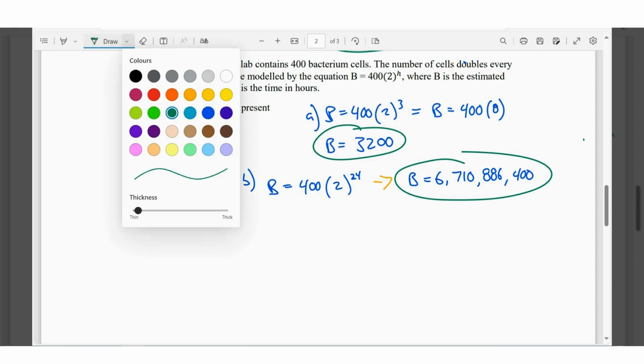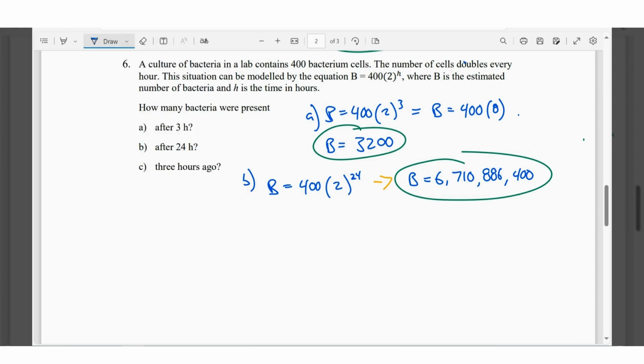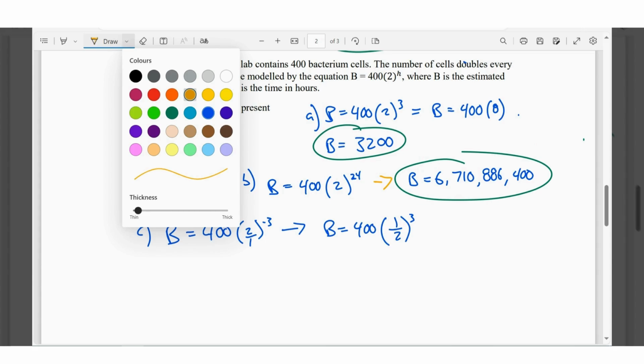And let's do the last one. Looks like 3 hours ago, it's going to be a question where we're using a negative exponent. So number of bacteria equals 400 times 2 to the power of negative 3. Now remember, we're going to reciprocate our base. So 2 over 1 will now become 1 over 2 to the power of positive 3.